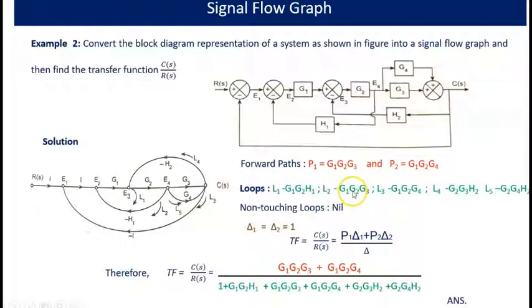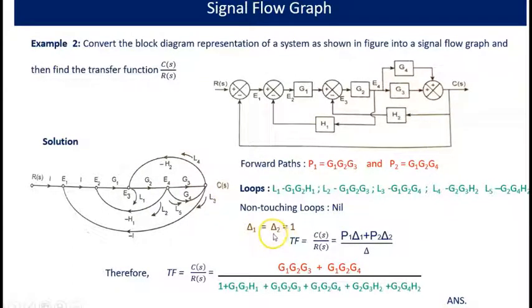Another loop is G1, G2, G4 into minus 1. Then G2, G3, minus H2, and G2, G4, minus H2. And there are no non-touching loops.